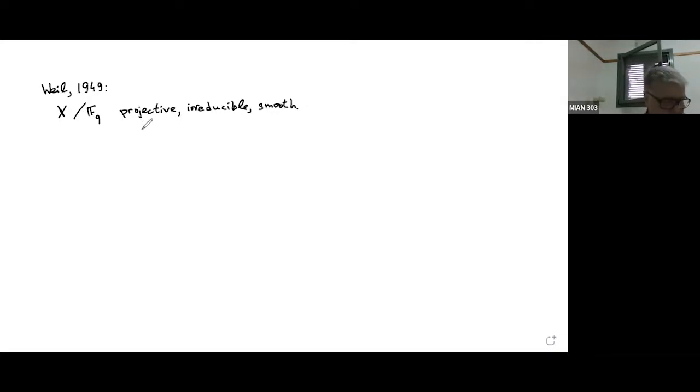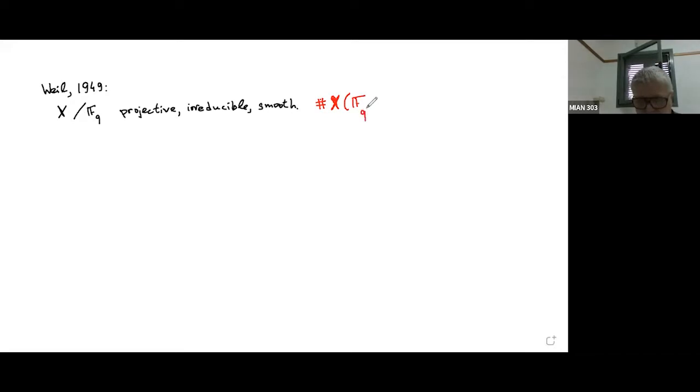So the question we address, as in the previous whiteboard, is the number, in fact, the behavior of the functor of points over the extensions of the ground field.